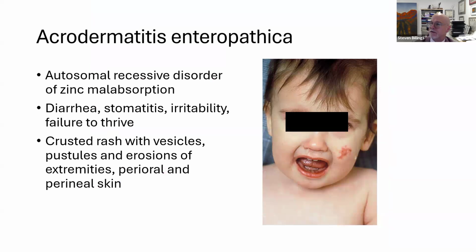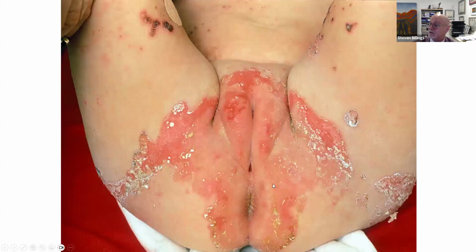Acrodermatitis enteropathica is an autosomal recessive disorder of zinc malabsorption. Patients develop diarrhea, stomatitis, and failure to thrive. You tend to see a crusted rash with vesicles, pustules, and erosions on the extremities, and also perioral, like we see here, and perineal skin, like we see in this picture.